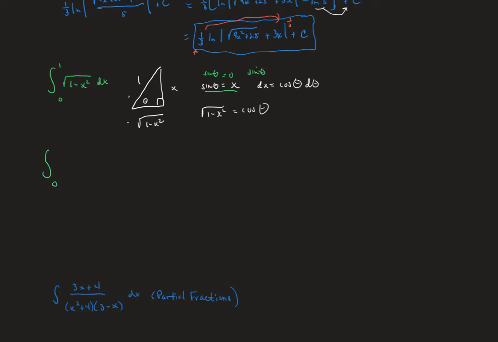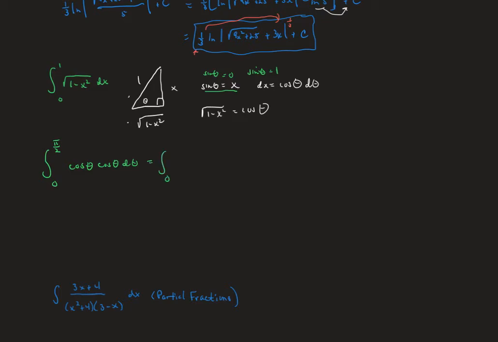And if we say sine of what angle is going to be 1, that's going to be pi over 2. So our limits become 0 to pi over 2. The radical we said was cosine of theta, and the dx we said was also cosine of theta d theta.